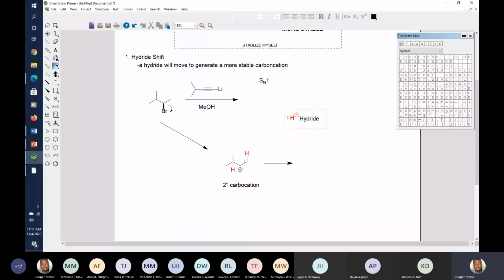So I'm saying this hydrogen with its 2 electrons, we're going to want to move to the carbon cation. So when we do that, I'm going to draw that fresh. I'm going to generate now this compound.